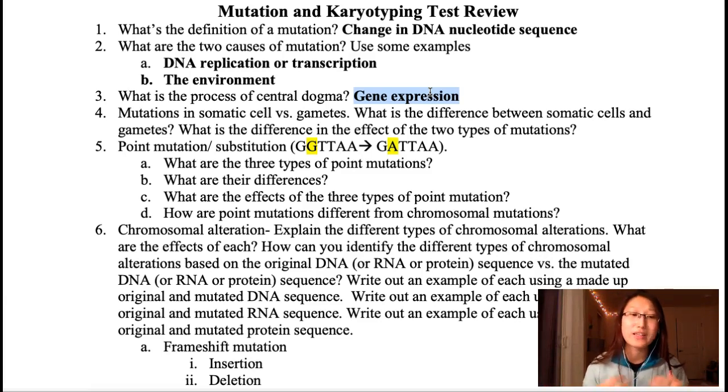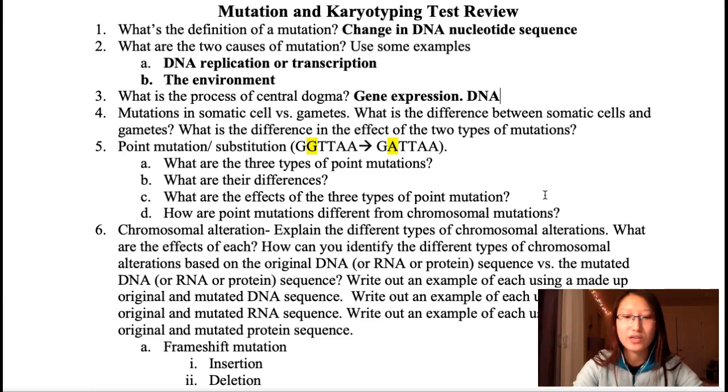DNA is only the blueprint, the instruction on how to do a certain task, but in order to actually do the task, it's the protein that comes in place. So we have to talk about the process of gene expression, meaning how do we go from the DNA that you start with, the instruction, into the application, which is the protein.